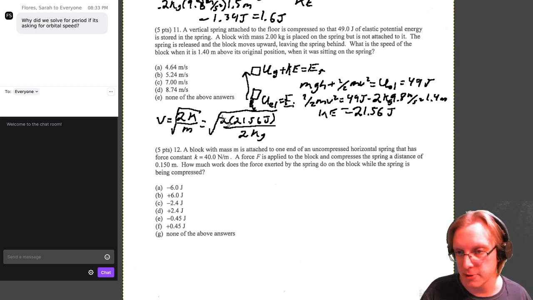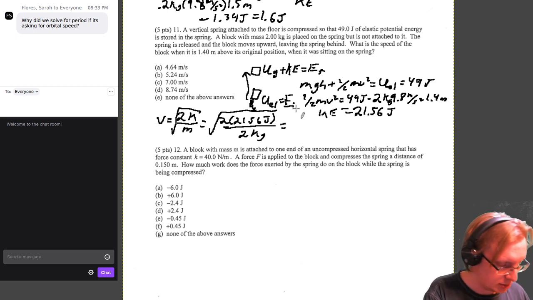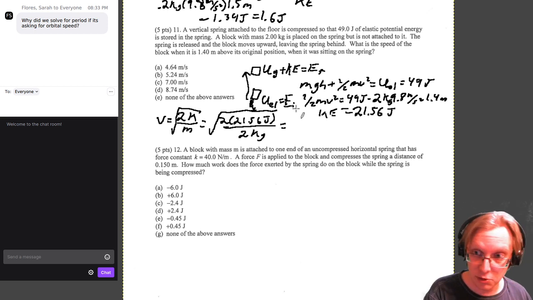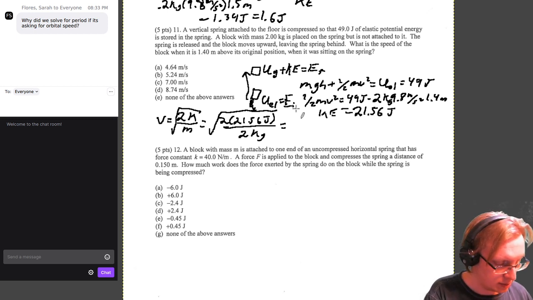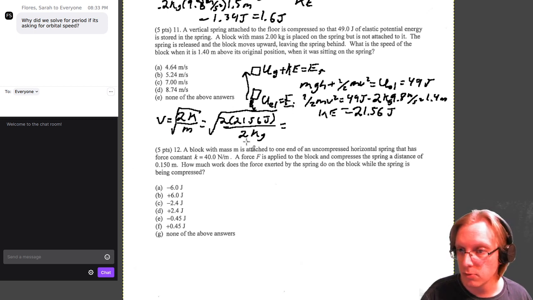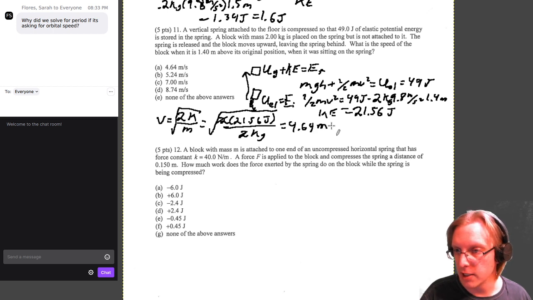Under the square root is meters per second, which is a velocity. Excellent. The units work out. Square root, clear that. Square root of 2 times the kinetic energy divided by 2. 2 cancels 2, so that's square root of the kinetic energy, and then that comes out to be 4.64 meters per second. 4.64 meters per second.